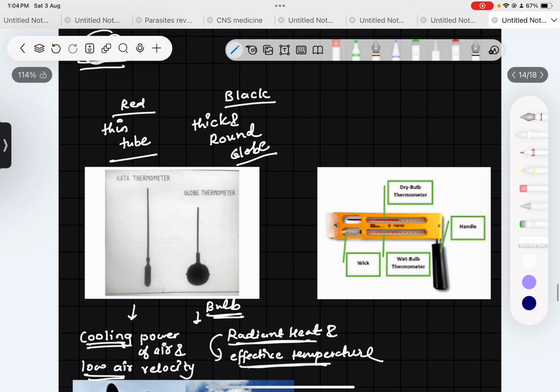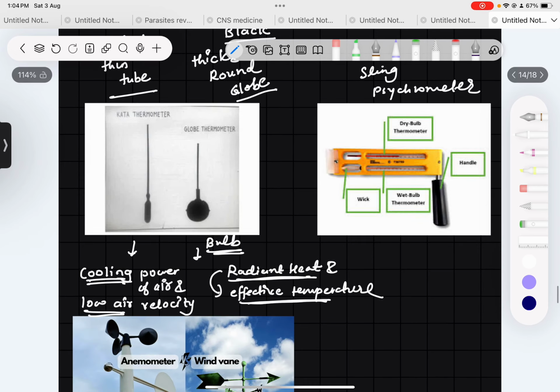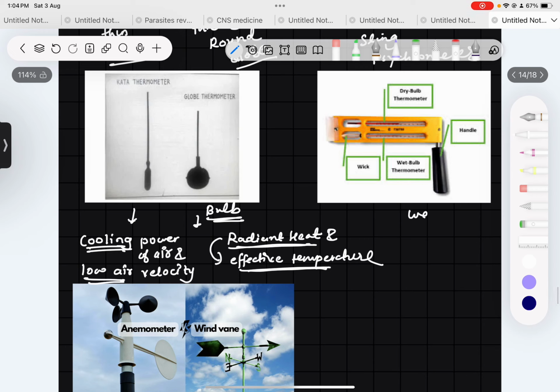Now this is a sling psychrometer. It has a wet bulb thermometer and a dry bulb thermometer. The wet bulb thermometer can measure the environmental heat.